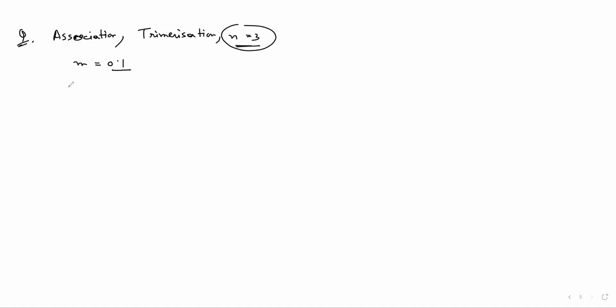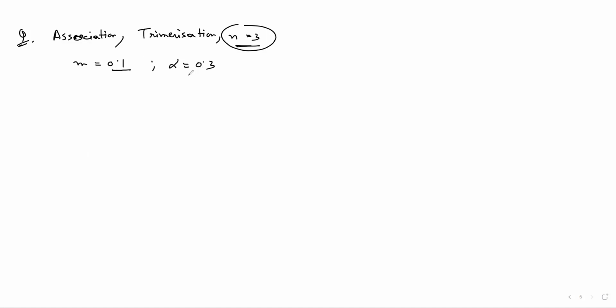Without Kb you cannot find it. Alpha is the degree of association, which is 0.3.